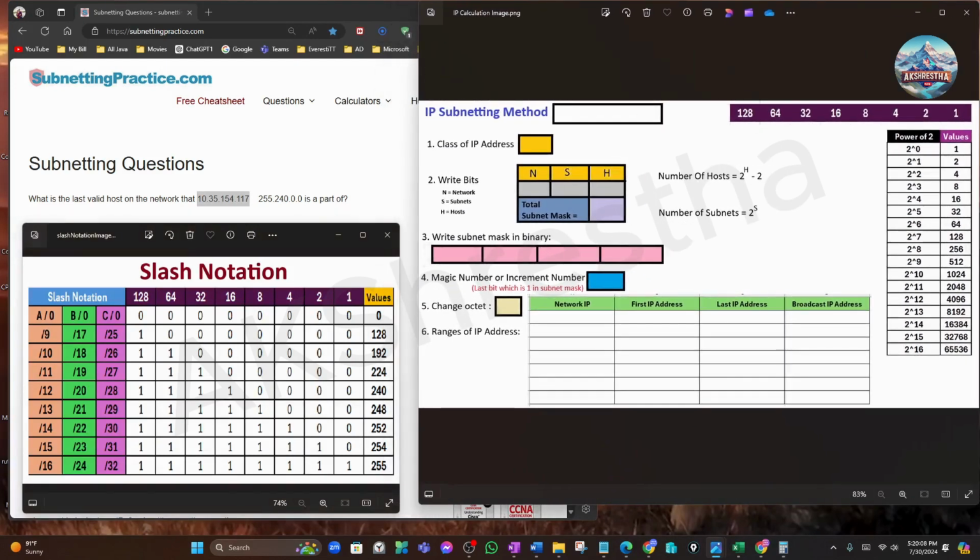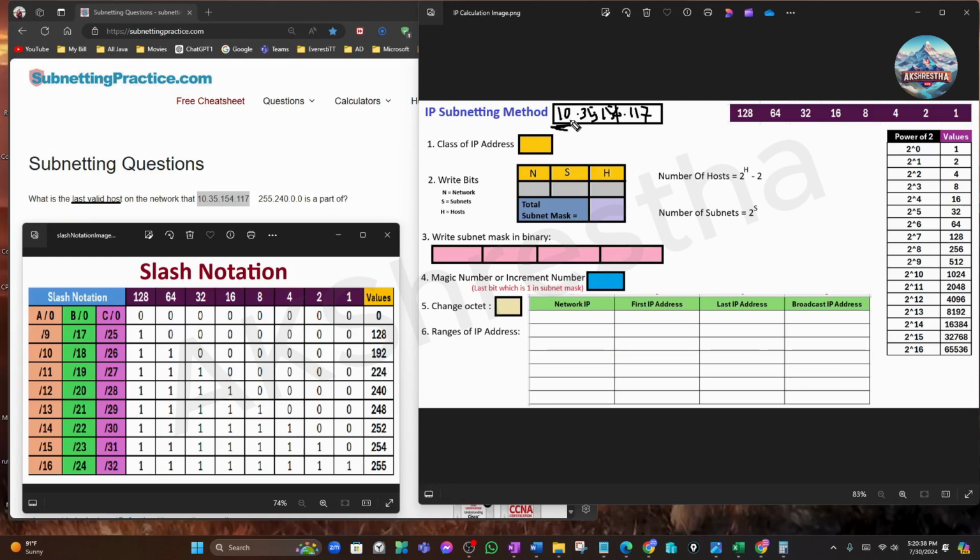And then I will go here and write down 10.35.154.117, right? See here, this is our question, and we have to figure out that last valid host.